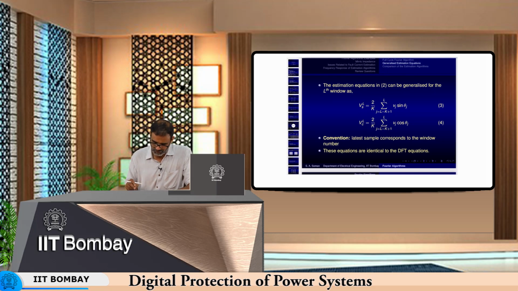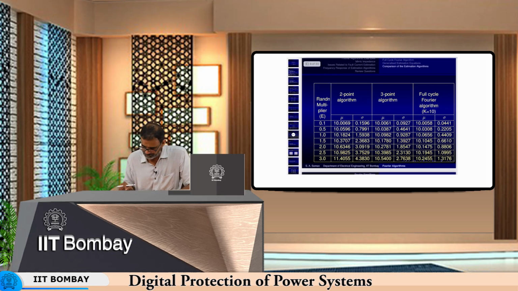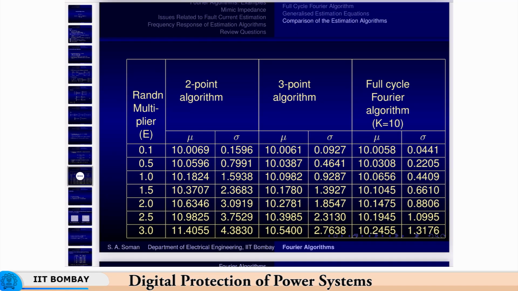Okay. So, having got this, let us see what are the results obtained from the full cycle Fourier algorithm. Now, to compare, we have taken the 2 sample algorithm, the 3 sample algorithm, and a full cycle Fourier algorithm with number of samples equal to 10. Okay. So, as we expect, as we increase the number of samples, we have also increased the window length to a full cycle.